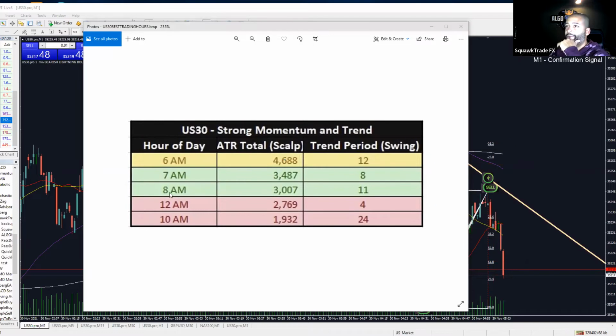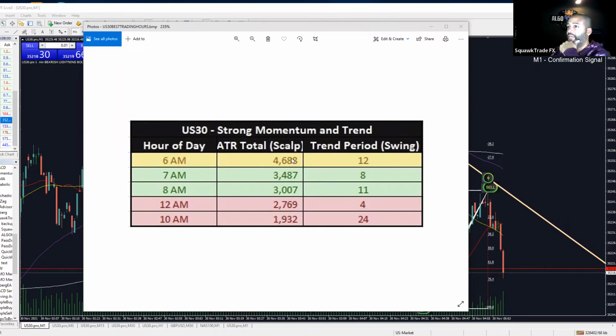So I basically ran a calculation of, give me the hour where I can gather the highest trading range for the entire hour, for the entire 60 minutes in an hour, right?